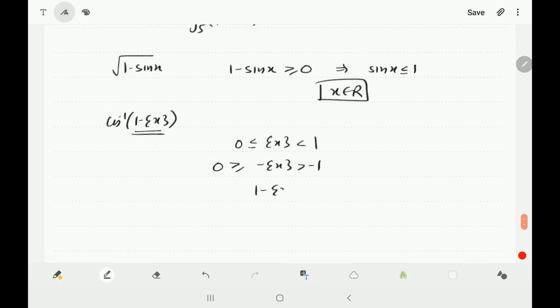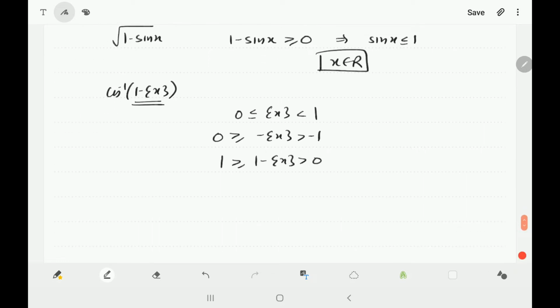Now 1 minus fractional part of x will lie between 0 and 1, and for that cos inverse is already defined, because this term lies between open 0 and closed 1, for which cos inverse is always defined. So for all x belonging to R, the fractional part of x lies between closed 0 and open 1, and cos inverse of (1 minus fractional part of x) will be defined.